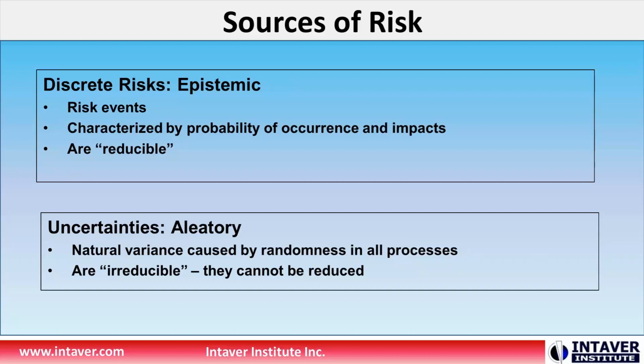The other major source is uncertainties, also called aleatory risk, and it is the natural variance caused by randomness in all processes. The thing about them is they're irreducible, which means there's nothing really that we can do about them, but we want to make sure we account for them.